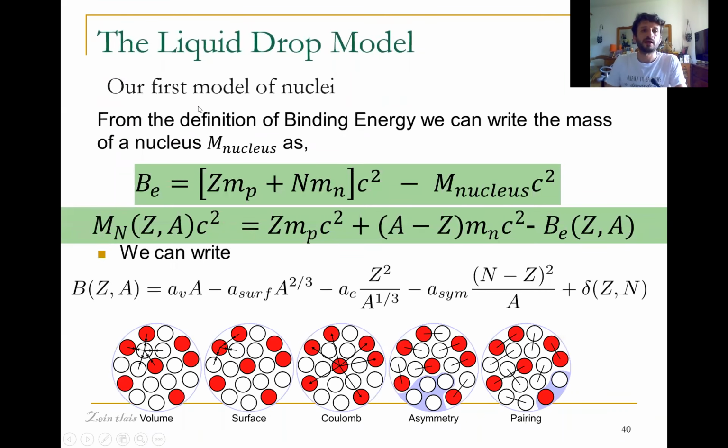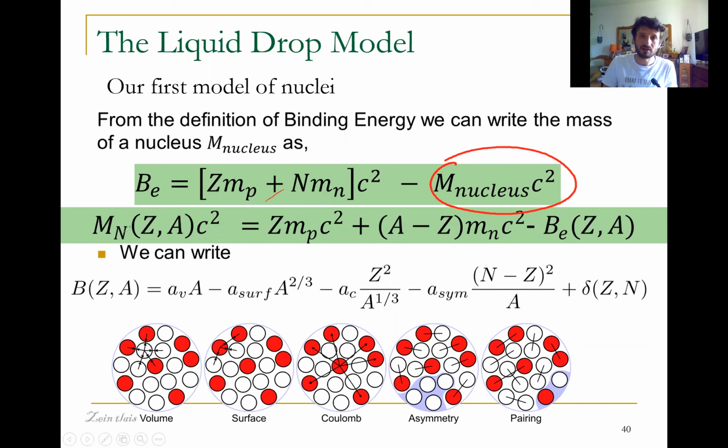You know, we calculated the value of the binding energy, which is equal to the energy of the nucleons minus the energy of the nucleus. We can calculate the mass of the nucleus.